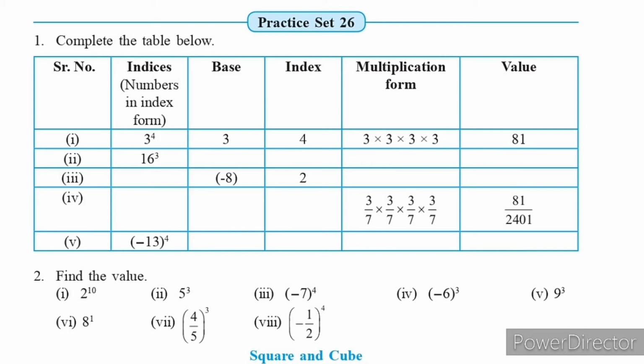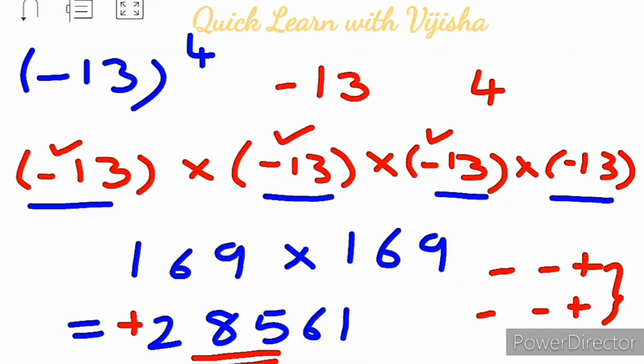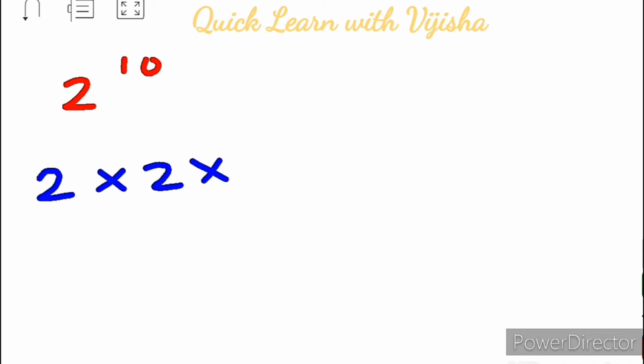So this way we have done with number 1. All questions we have solved. Now we will see question number 2. It is given as find the value. Means the final value you have to find for the indices. First question is 2 raised to 10. So your base is 2. It has to be written how many times? 10 times.